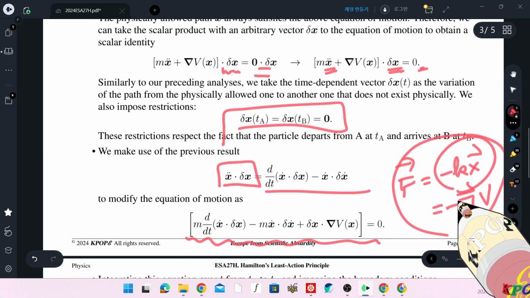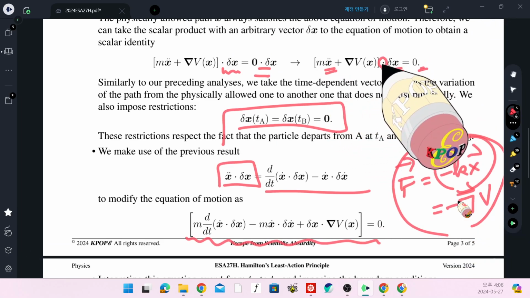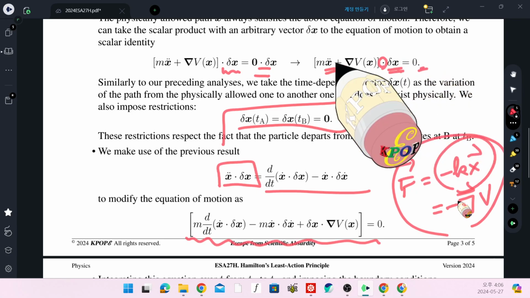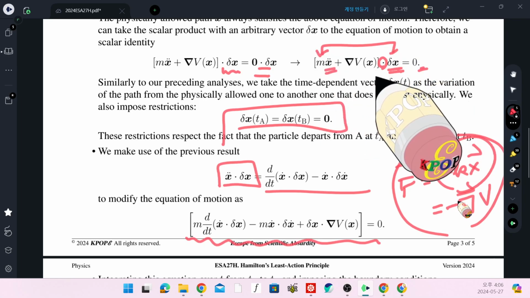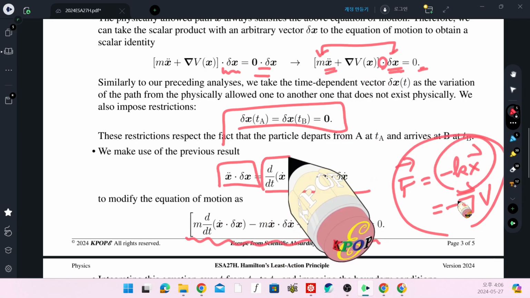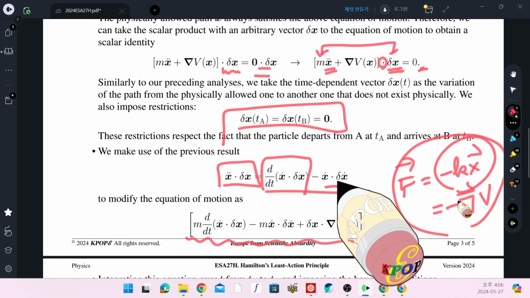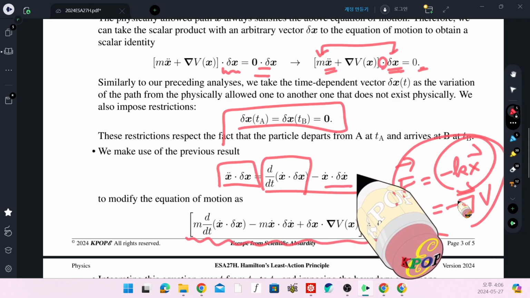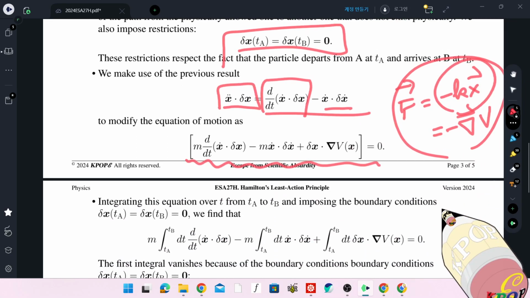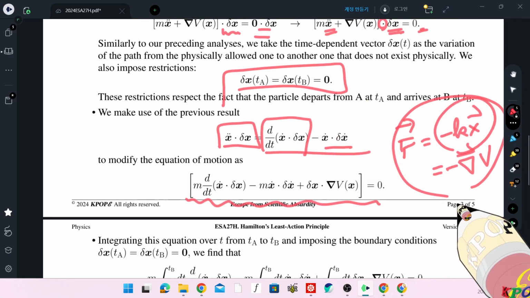So let's see, beginning with the equation of motion, the scalar product with the variation, we would like to replace this term x double dot dot delta x using the Leibniz rule, subtracted by velocity scalar product delta velocity. Where is the equation of motion?